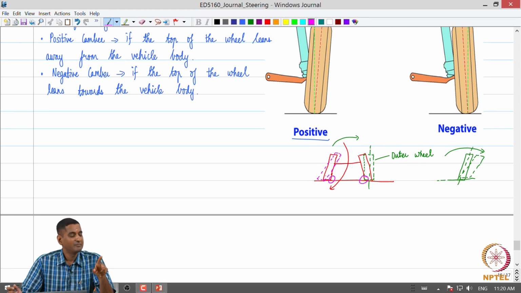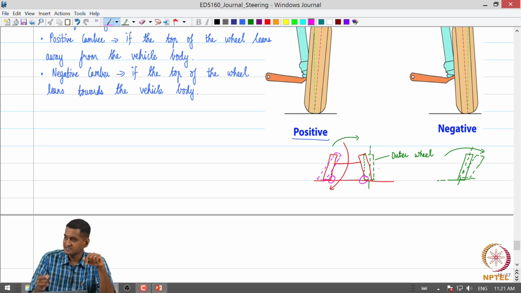There are mechanisms, and when we come to suspension, we will see that we have mechanisms by which we can adjust this. Also, we want the outer wheel to have better grip because of the load transfer due to the roll motion. So, that is why a small negative camber is prescribed. These are various reasons.